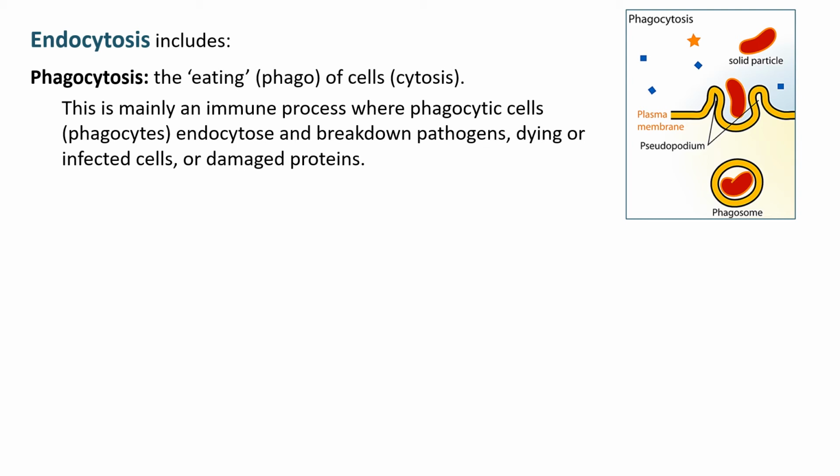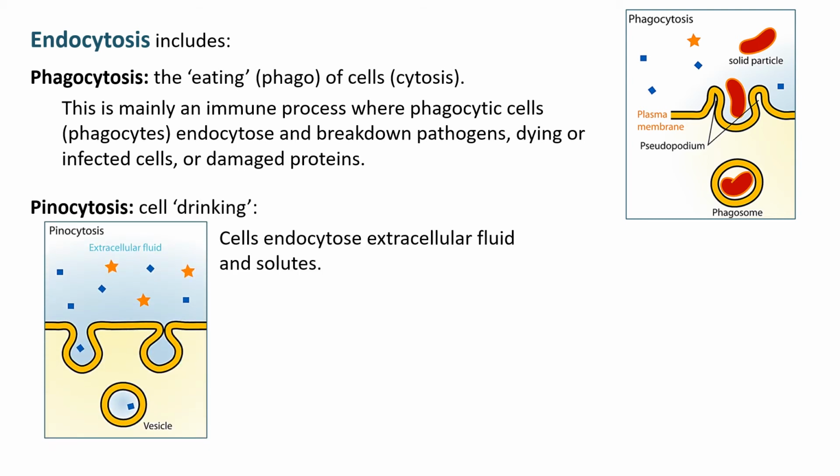So it's a process where phagocytic cells that are capable of phagocytosing, phagocytes, will endocytose and break down pathogens, dying or infected cells, or damaged proteins. Pinocytosis is cell drinking. Always makes me laugh, that one. Pinocytosis, drinking. So cells endocytose extracellular fluid and the solutes within it.